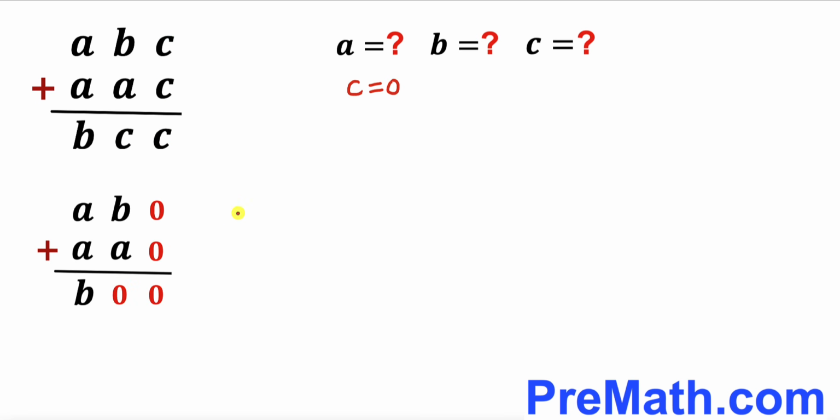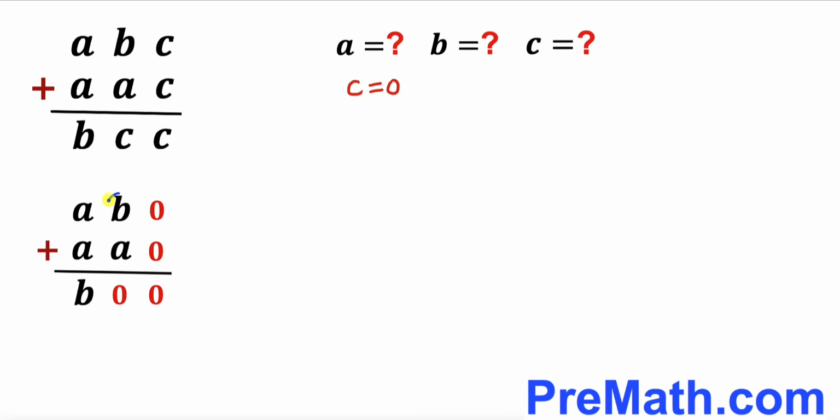Now our task is to find the value of A and the value of B. Let's focus on the digits at the tens place. If we add these two digits, the remainder is supposed to be 0.